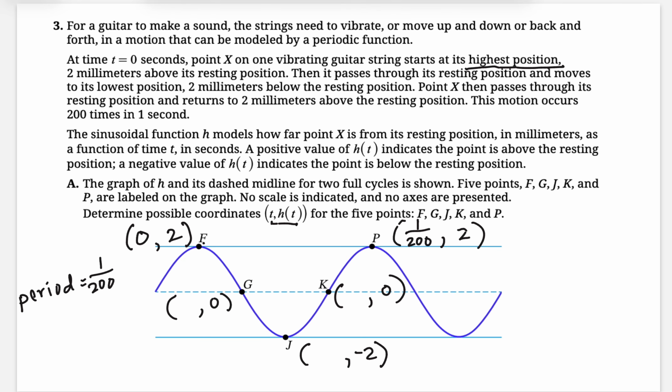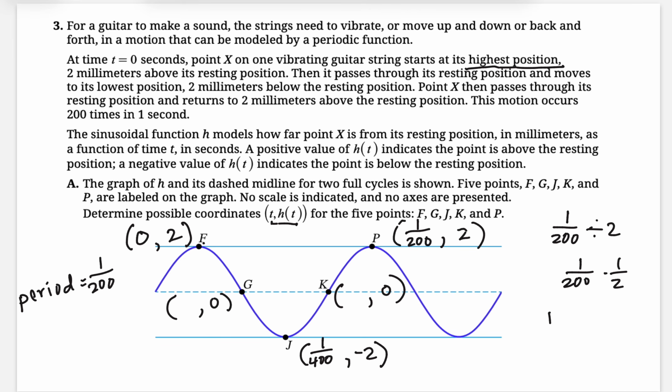This is where we don't have a calculator, so we've got to be careful with our fractions. 1/200th divided by 2 is the same as 1/200th times 1/2, which gives me 1/400th. Then to get point G, I know that G is half of 1/400th.